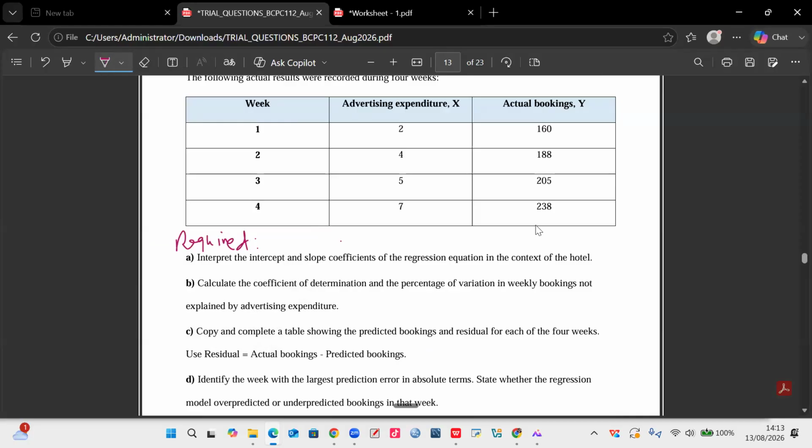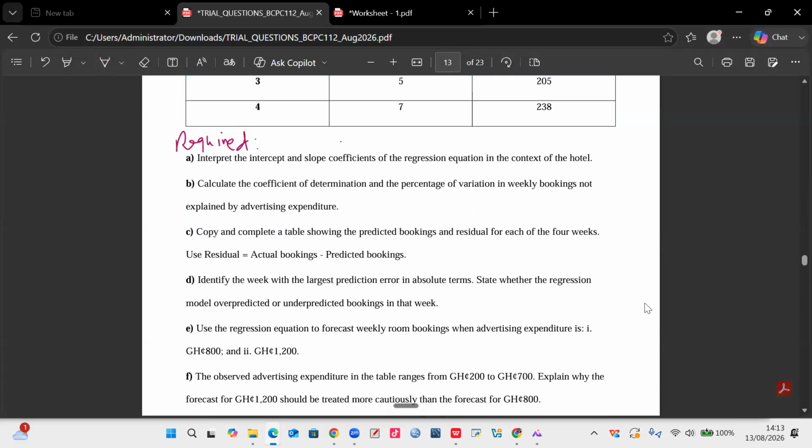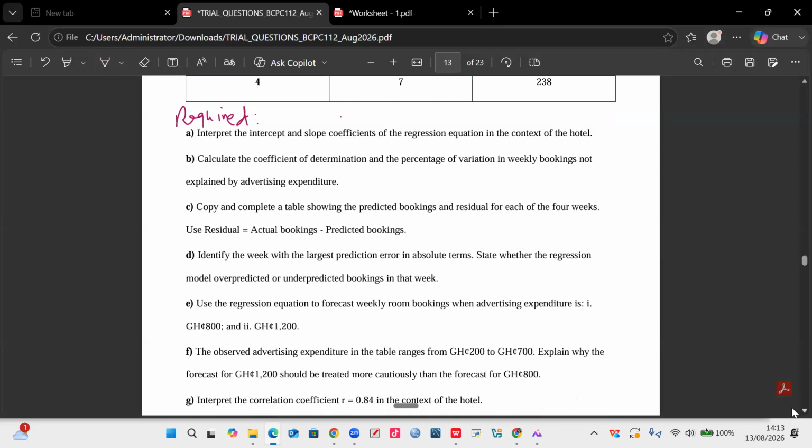So start reading for us. Required. A. Interpret the intercept and slope coefficients of the regression equation in the context of the hotel. B. Calculate the coefficient of determination and the percentage of variation in weekly bookings not explained by advertising expenditure.